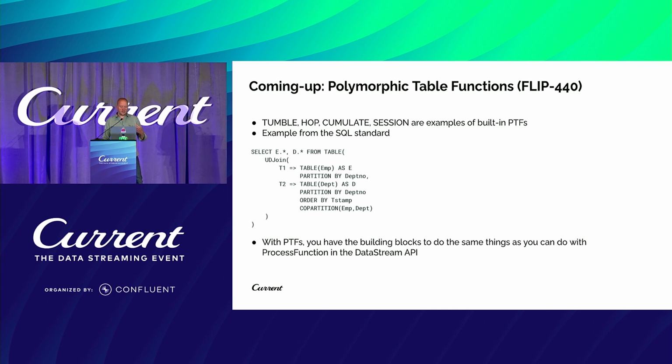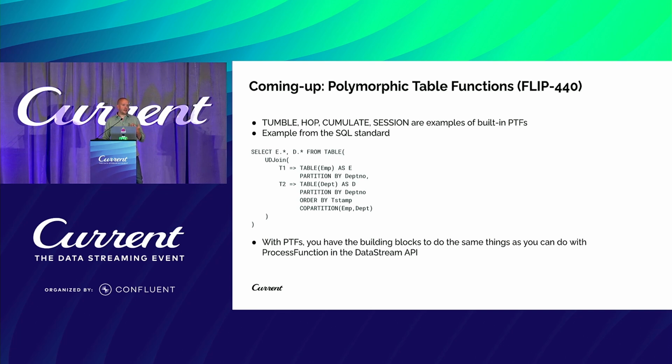And the proposal that is out there is all about providing new primitives that give you access to the building blocks in Flink, like state and timers and your own custom logic. They are very much comparable to the process function that you have in Flink's DataStream API. This is going to help with a lot of use cases where it's hard to provide a fluent declarative API, as we see, for example, in SQL.